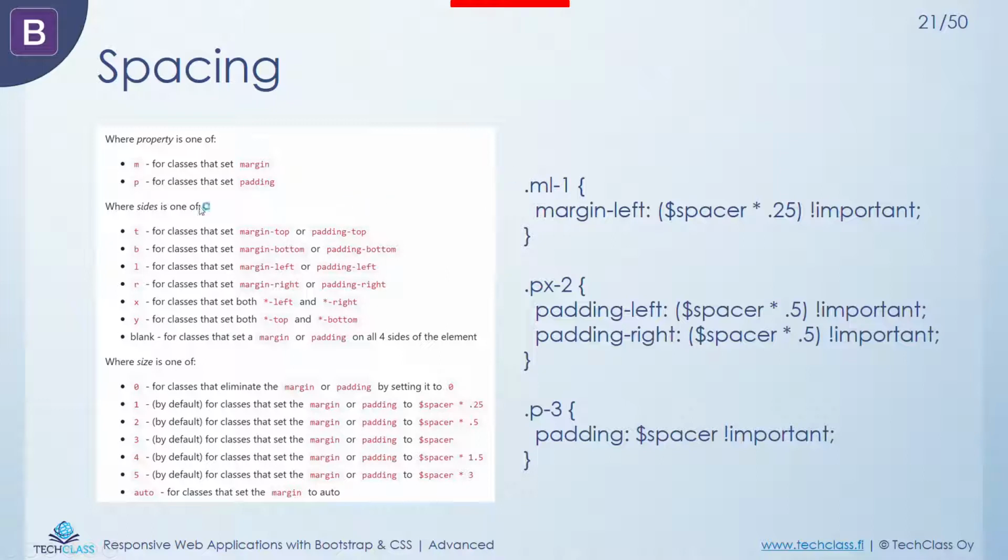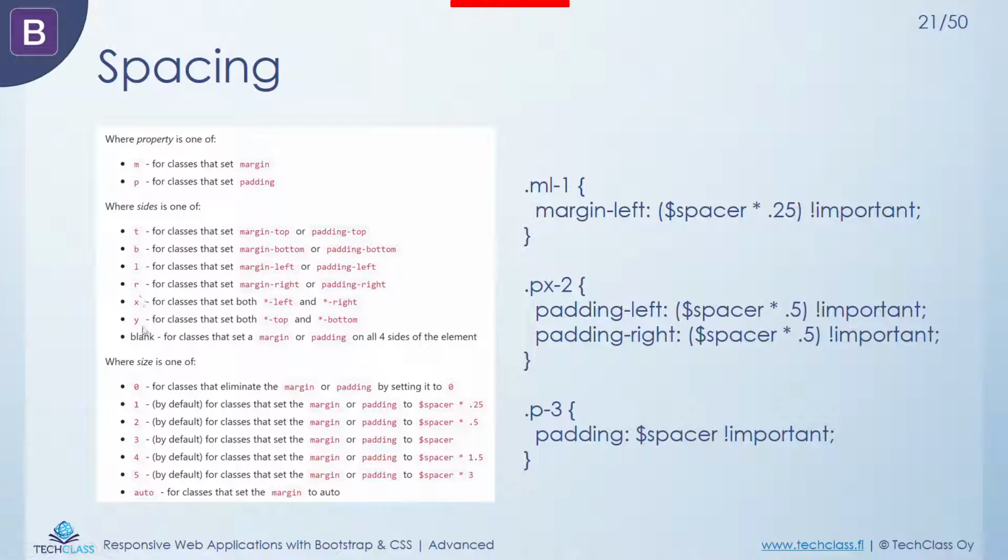these class names come from this convention. Whenever you consider which side it's going to be, left, right, bottom, top, and what the property is, margin or padding. The first one stands for either padding or margin, as we got familiar with in the CSS part.